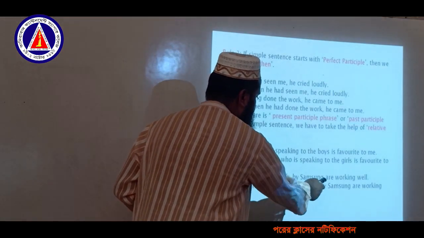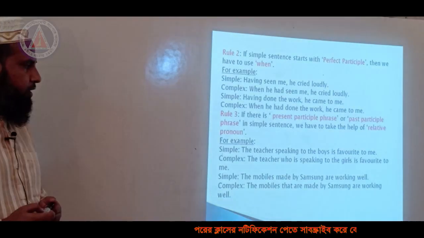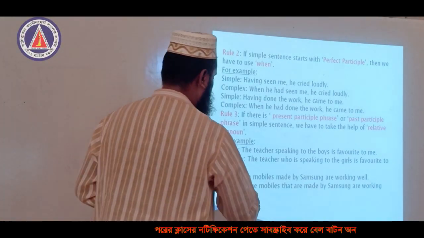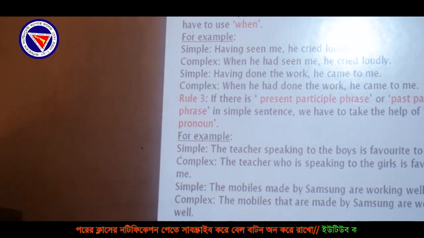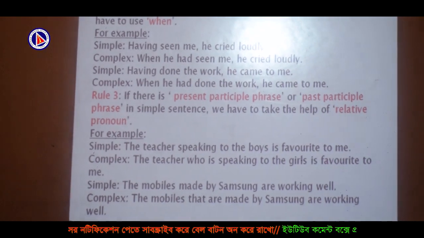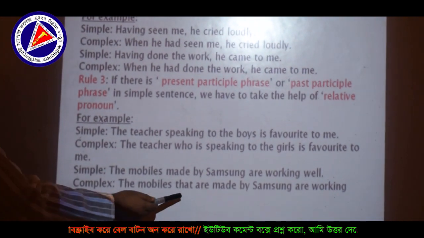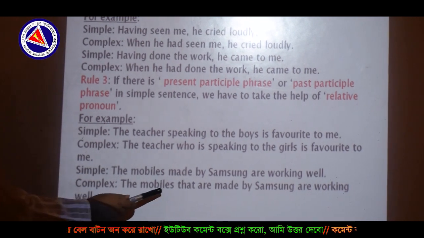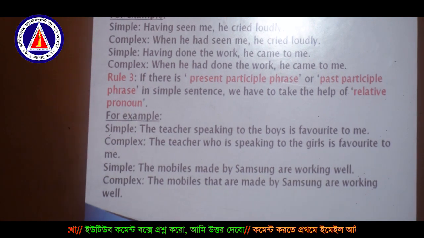So here "made by Samsung" together is functioning as a past participle phrase. That's why you have to use a relative pronoun. Mobiles or the Samsung company are not persons, so we cannot use "who" like the previous one. That's why I have used "that": The mobiles that are made by Samsung are working well.